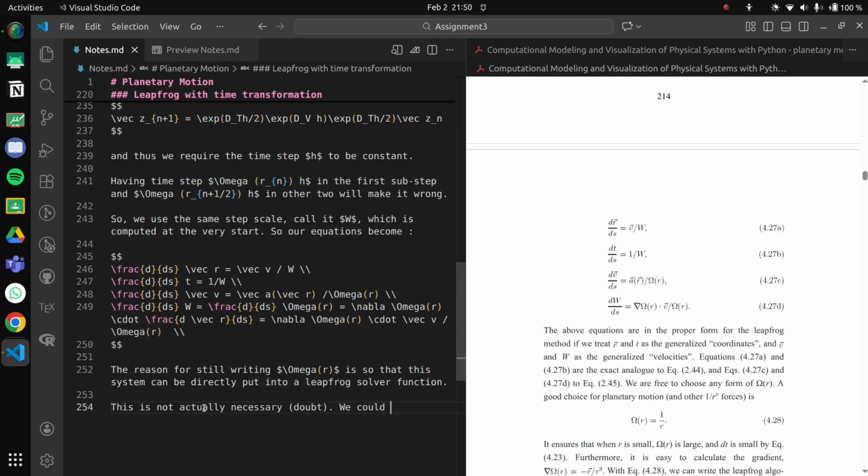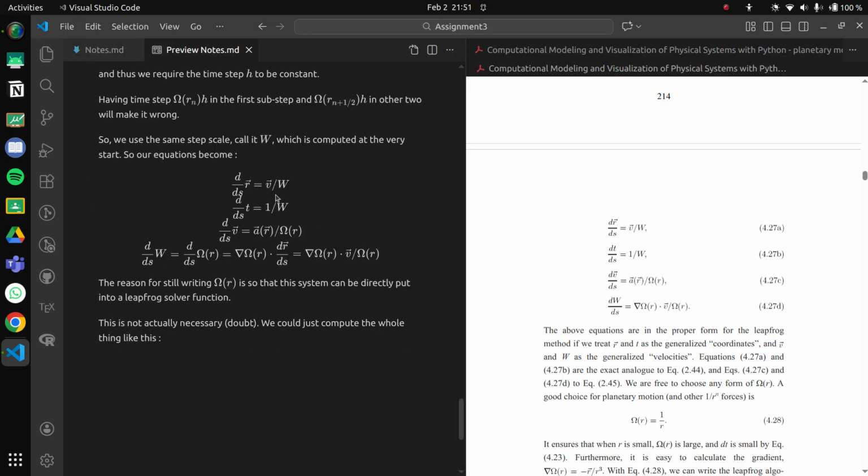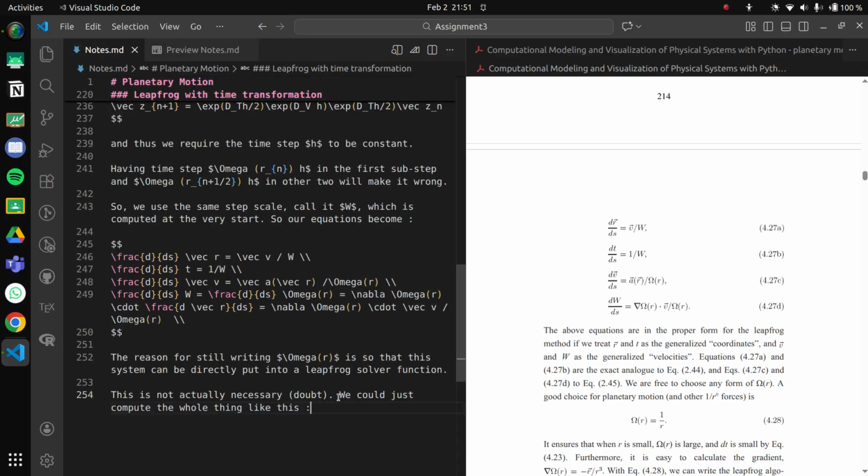We could just compute the whole thing like this, before doing leapfrog, and update it separately.